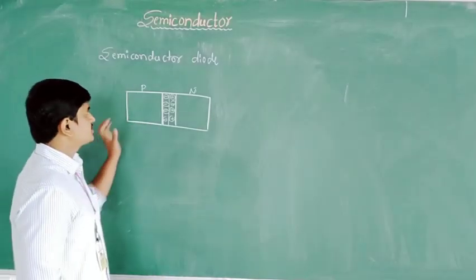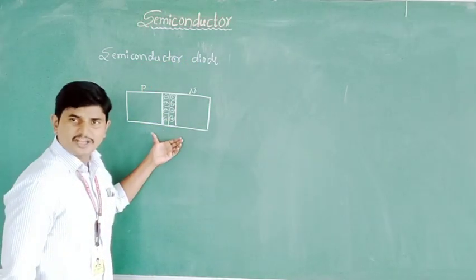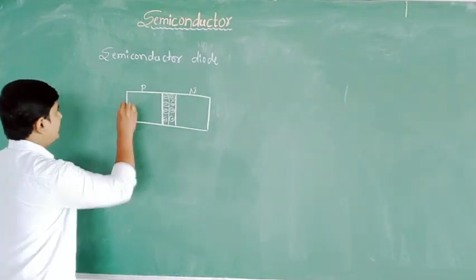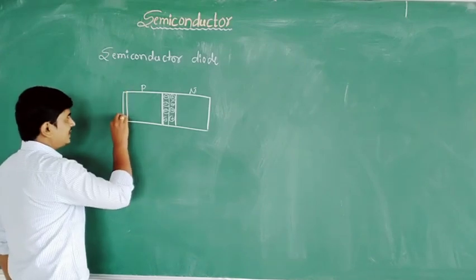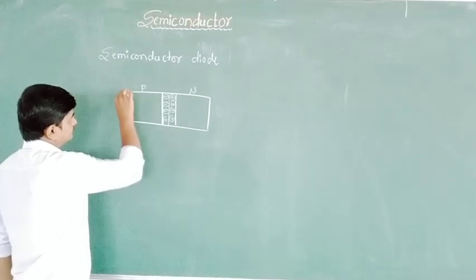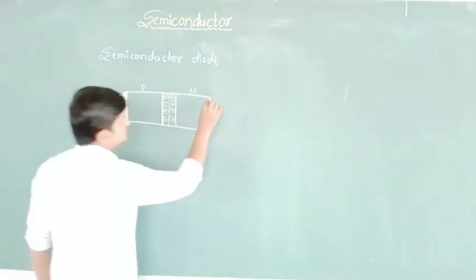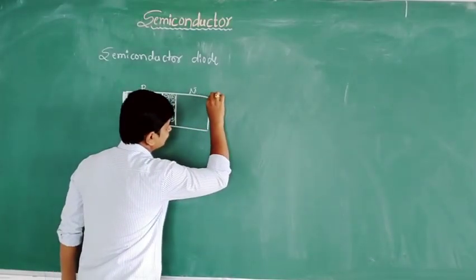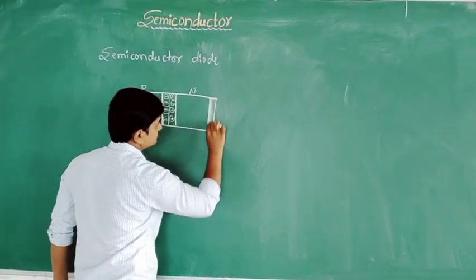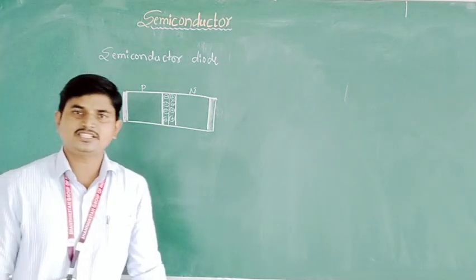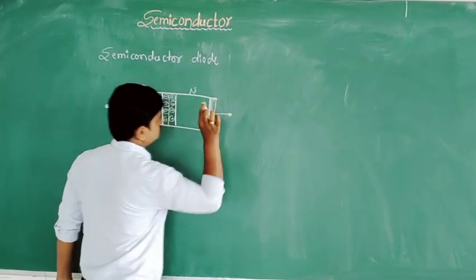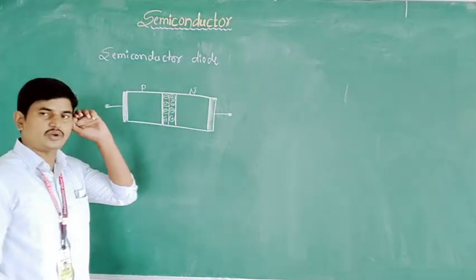So basically, a semiconductor diode is the PN junction, along with which metallic plates are provided at the ends to provide external voltage. This is what we can call a semiconductor diode.